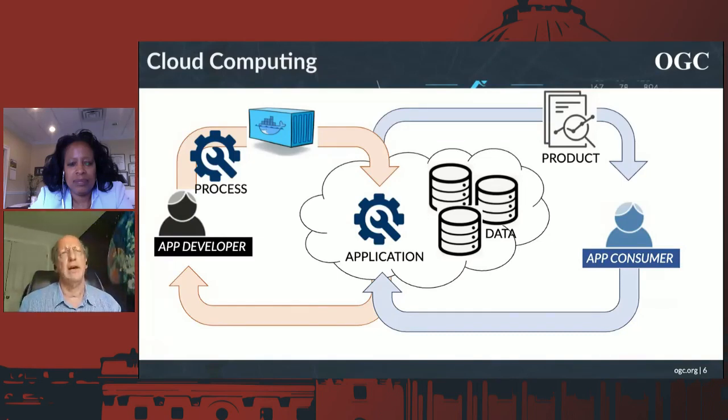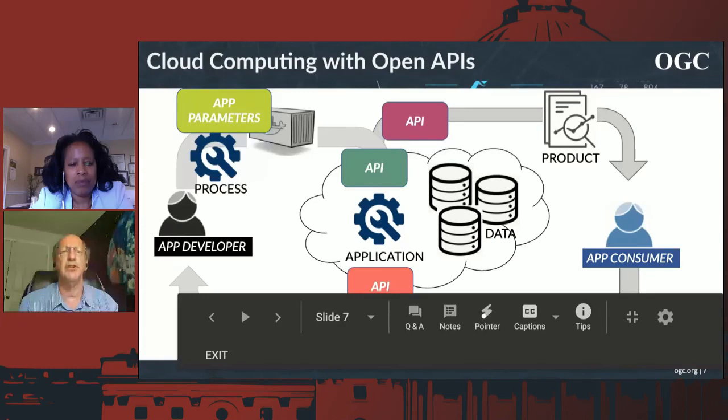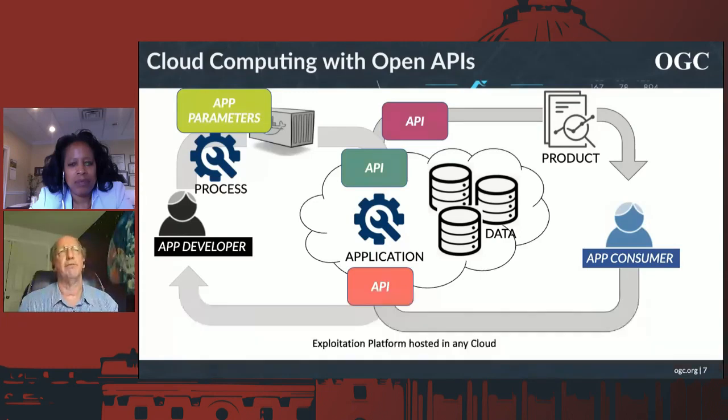So, for example, deploying the containers, you need some metadata that allows them to be discoverable, APIs for them to be deployed into the cloud, APIs for usability, APIs for discoverability. That has been the OGC's focus in the innovation program with respect to defining interfaces.